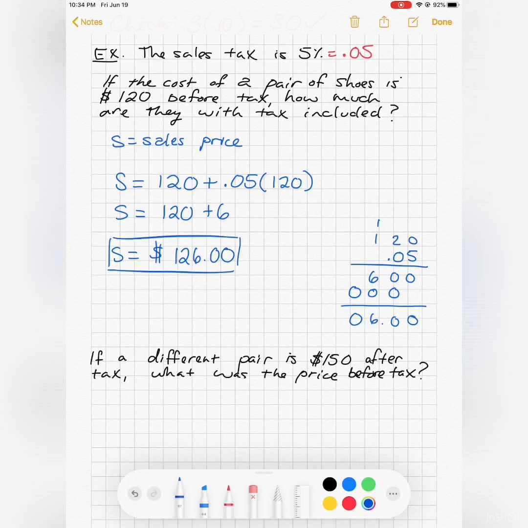Okay. So the shoes are going to be $126 with tax.